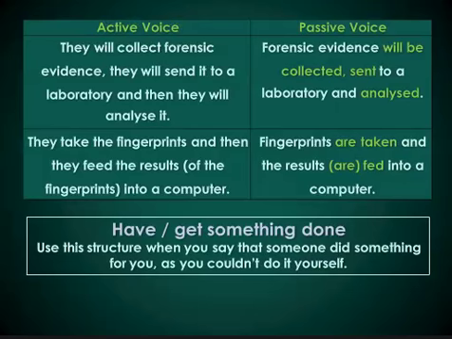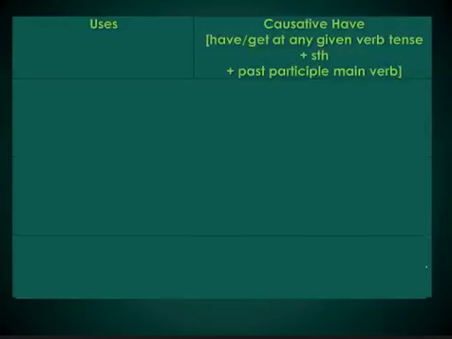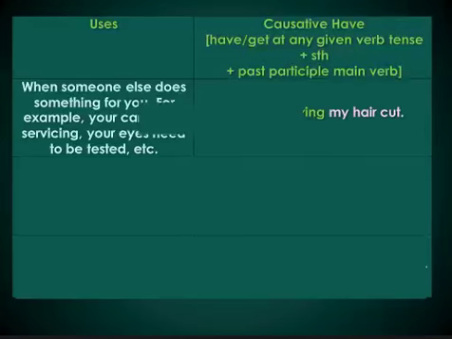Finally, have and get something done. This is also a passive structure. This is used when you say that someone did something for you, as you couldn't do it yourself. Observe the examples.